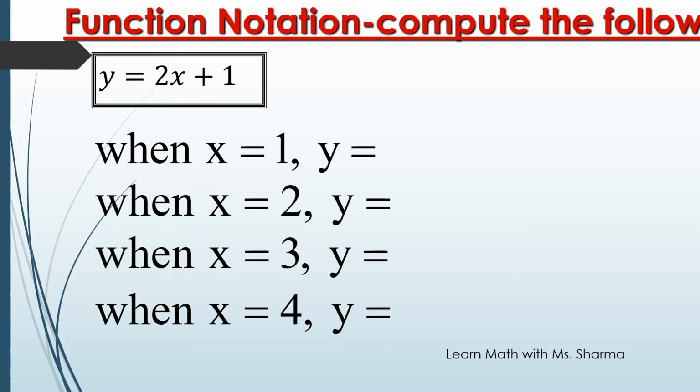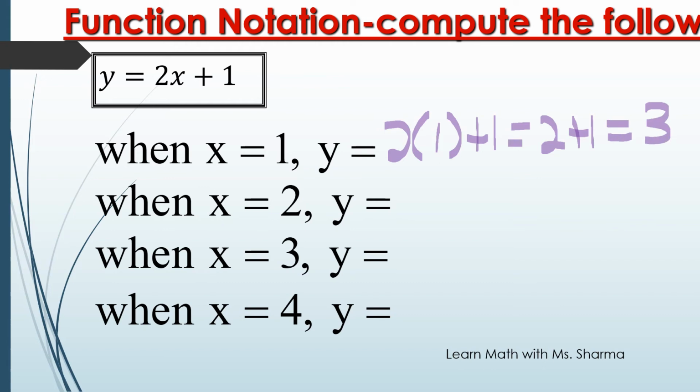So we have 2 times 1 plus 1, which is 2 plus 1 is 3. Then when x is 2, 2 times 2, plug in the equation, plus 1. So 2 times 2 is 4, plus 1 is 5.